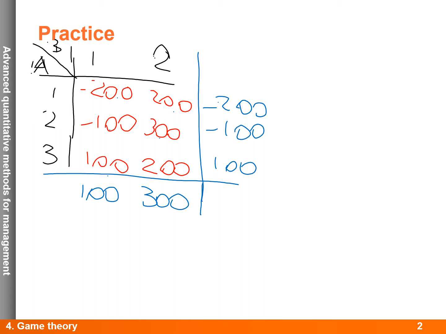Now it's time to find the maximin and minimax. Among these elements, I want to find the maximum of the row minimums. What is this? The maximum is 100. And among these two elements, because we want to minimize the maximum loss, between 100 and 300, which one is minimum? This 100, because it's less loss in comparison with 300.